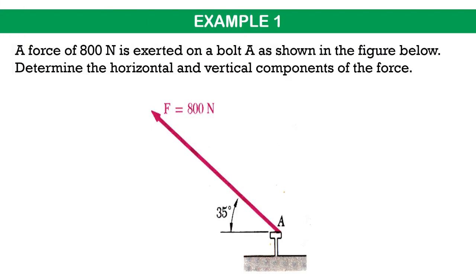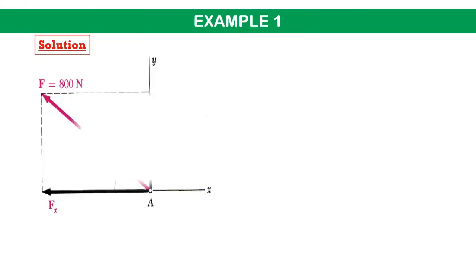Example 1. A force of 800 Newton is exerted on a bolt A as shown in the figure below. Determine the horizontal and vertical components of the force. Solution. Firstly, we need to project the vector onto the x and y axis.